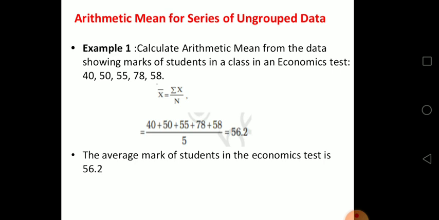Applying the formula, summation of x, which means addition of all observations, and dividing by the number of observations, which is 5, we come to the answer 56.2. So the average mark of students in the economics test is 56.2, which is the arithmetic mean. I want to believe that this is clear and simple enough.